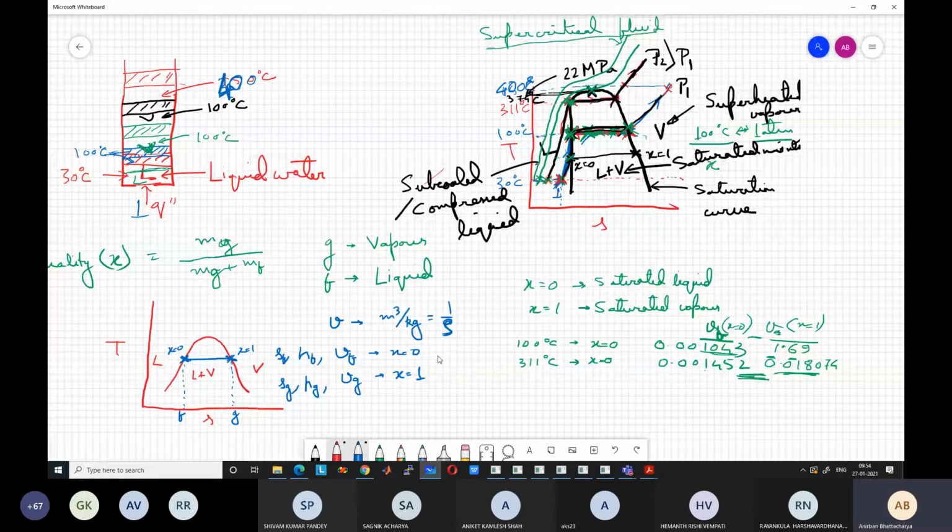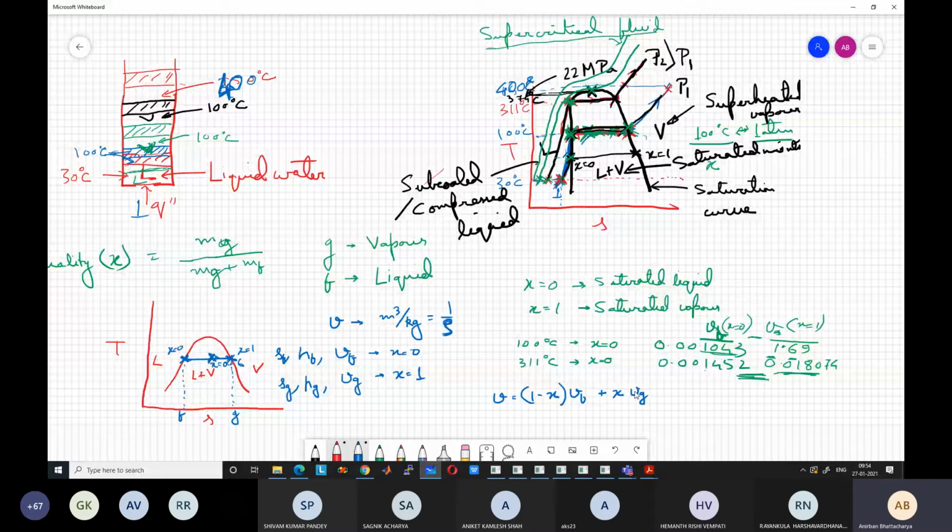So for example, at that point v is equal to (1 minus x) Vf plus x Vg. 1 minus x is the fraction of liquid, multiplied by Vf. x is the fraction of vapor, so fraction of vapor into specific volume of vapor at saturated vapor condition, and fraction of liquid into specific volume of liquid at saturated liquid condition.